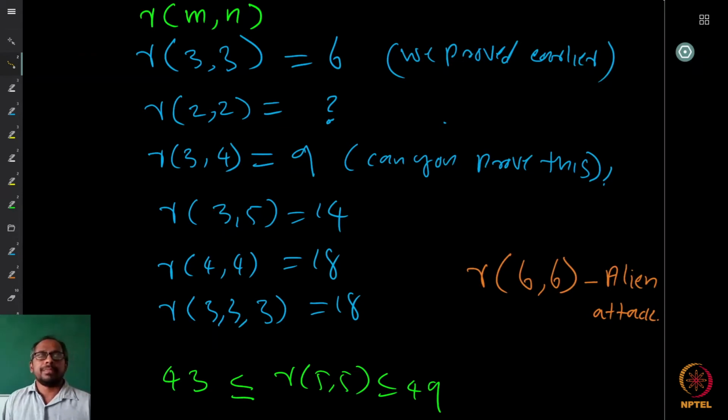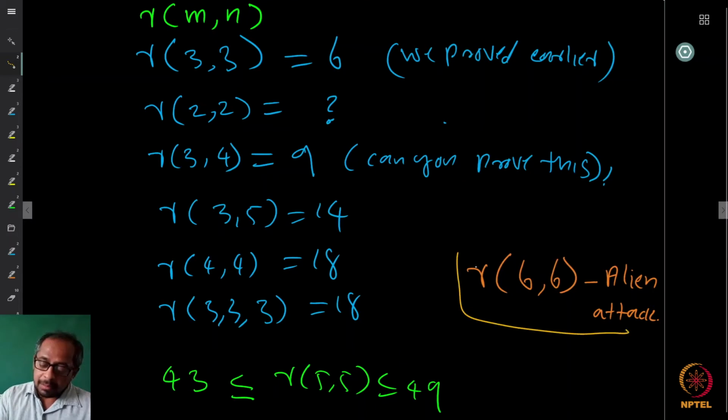But suppose they ask for R66, then we should just attack them before they even think of attacking us, because he believes that it is not possible, not with the current knowledge and techniques we have. So yeah, finding Ramsey numbers precisely is a very, very difficult problem.